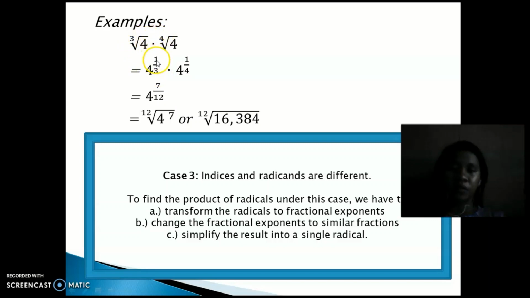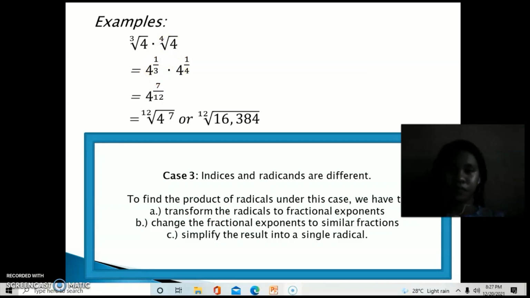So 4 raised to 1 over 3 times 4 raised to 1 over 4. We're just going to cross multiply. So 3 times 1, we have 3.